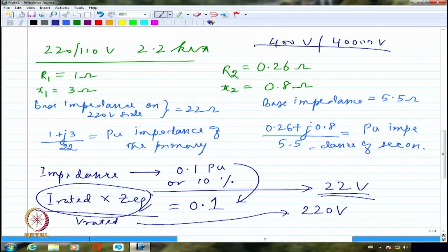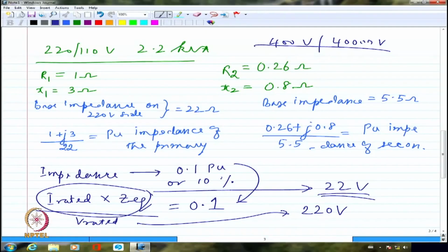Second advantage is, you can just calculate the values from either of the sides. No problem. You don't have to transfer one ohmic value from one side to another. Everything that will be given will normally be in percentage, which will be common for the entire apparatus, whether you look at it from the primary or secondary. So that's the major advantage of per unit, right?